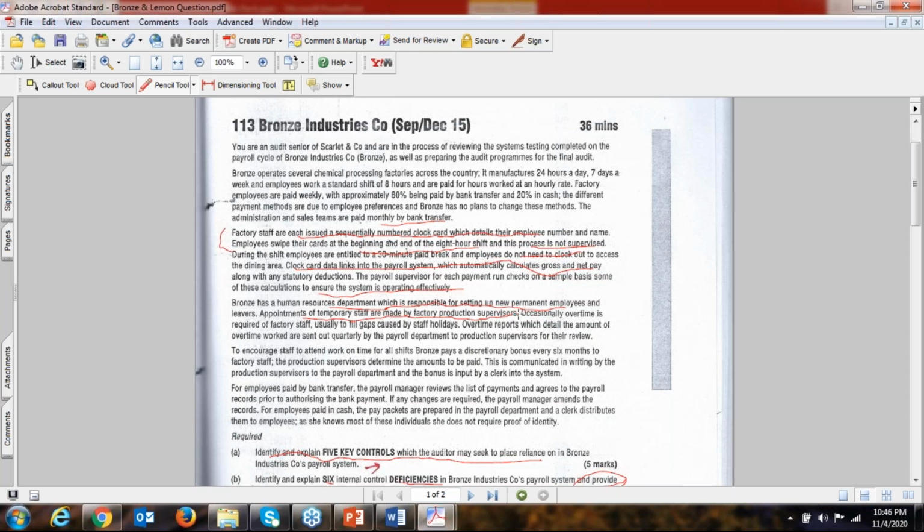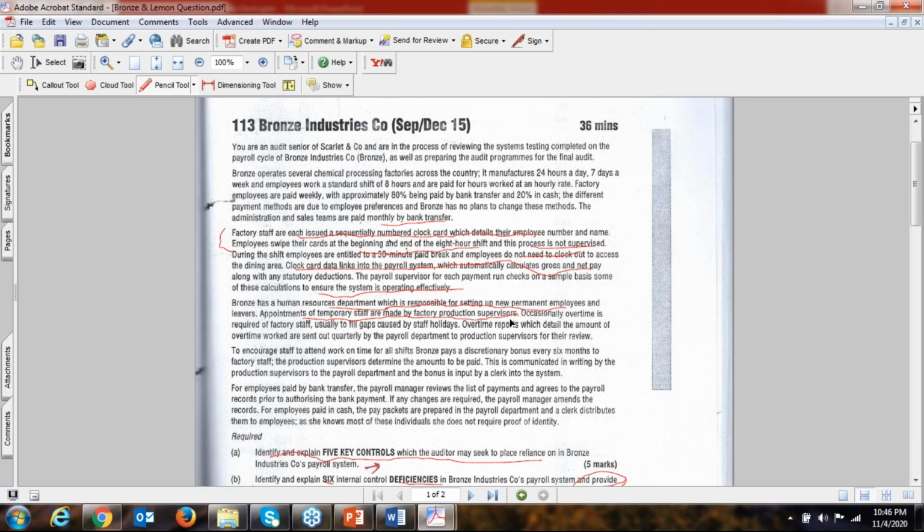And why is it a deficiency? Because there is a chance that the factory production supervisors may not hire the right person for the right job. This can be a risk. The supervisor could appoint unsuitable employees and may not carry out all the required procedures for new joiners.